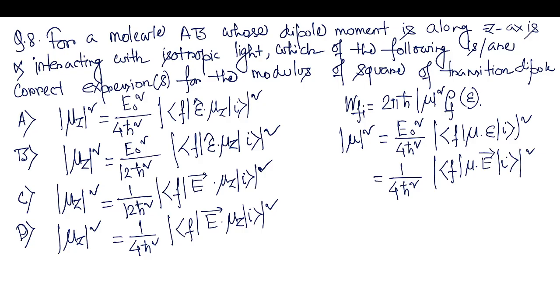Up to this point we are considering light to be isotropic in nature. Then you can think of all directions x, y, z, with one third contribution in every direction. Now what is it saying? The molecule is aligned along Z.